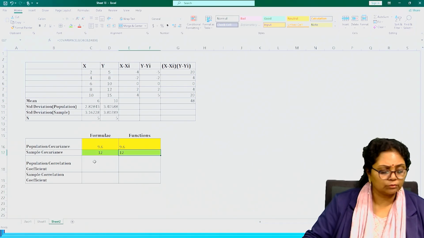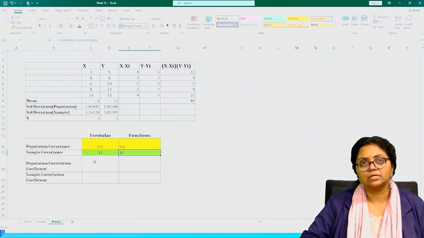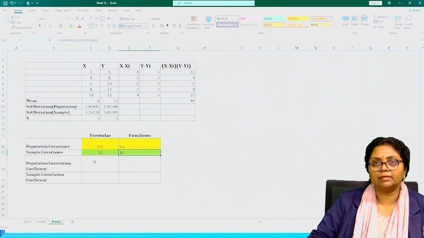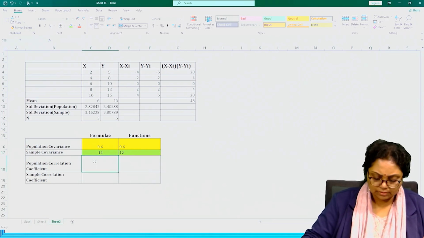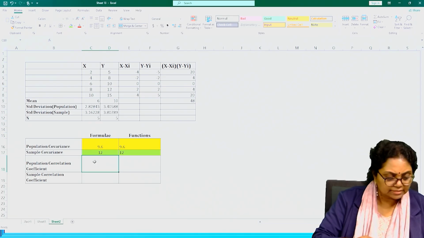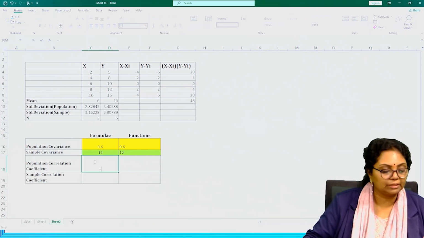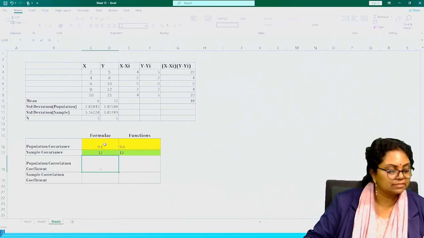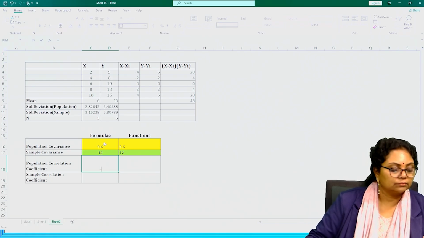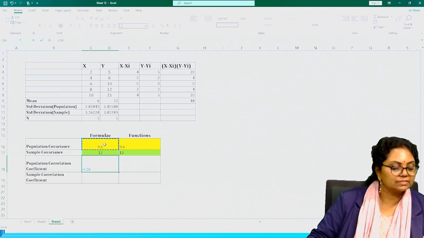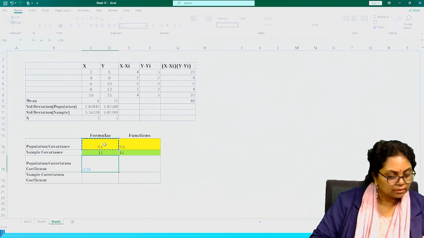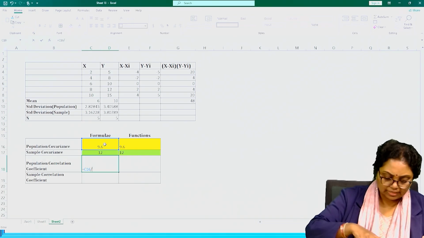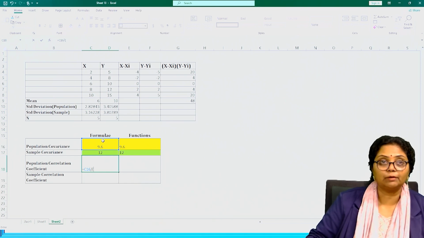And the formula for population correlation quotient is the covariance we are getting with respect to population divided by the standard deviation of X and standard deviation of Y. Now here, the formula is equal to the population covariance which we have already obtained, existing in cell C16, divided by the standard deviation of X and standard deviation of Y, and that too we are representing the population.